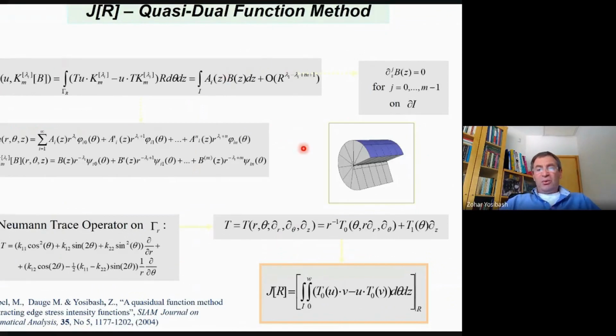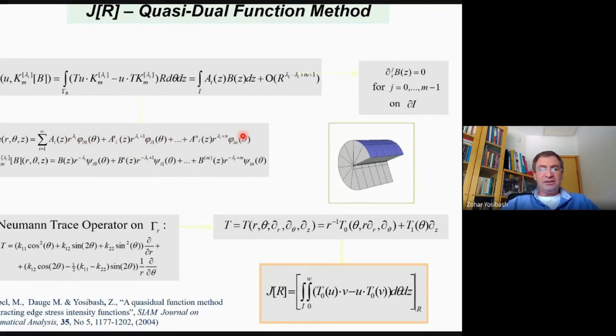Okay, so now we are able to show that we can compute the singular solution in the vicinity of an edge. That's the edge here. And it has this form. So for each eigenvalue, there is an infinite number of shadows.